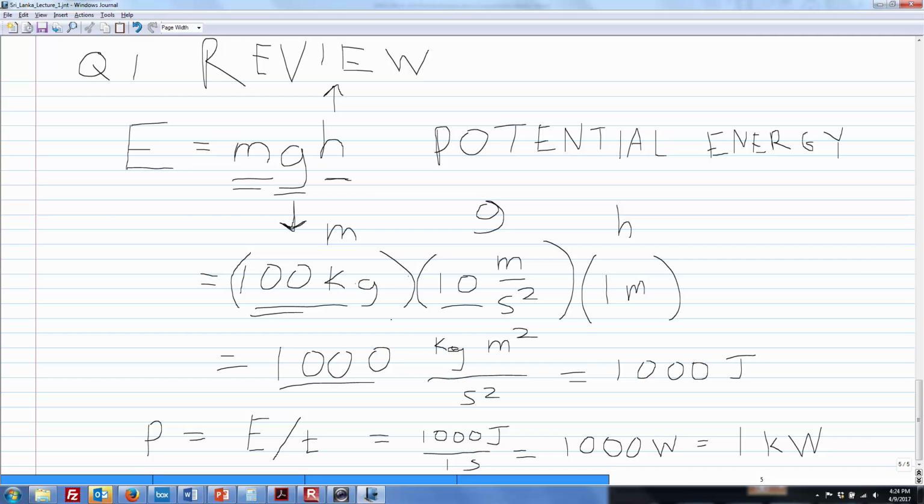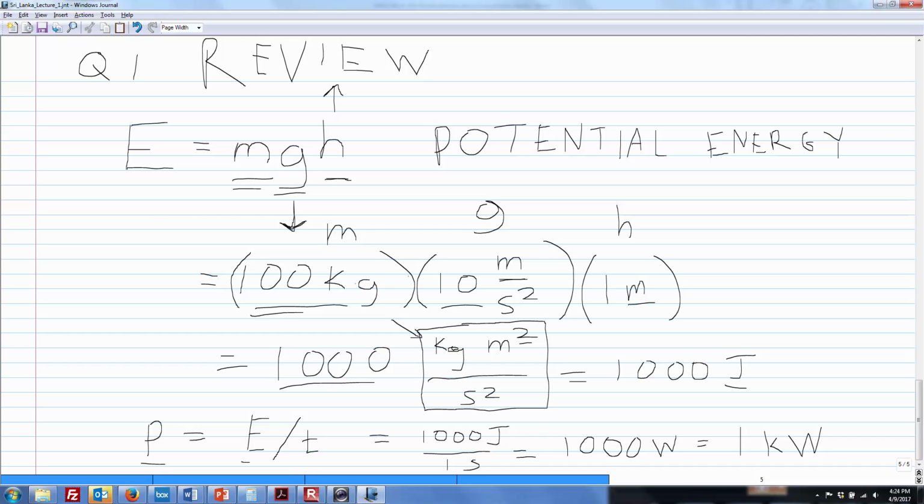The kilograms come over here. Meters times meters is meters squared, divided by seconds squared. And so this is the definition of a joule. 1 joule is 1 kilogram times meters squared divided by seconds squared. And then we go back for power.